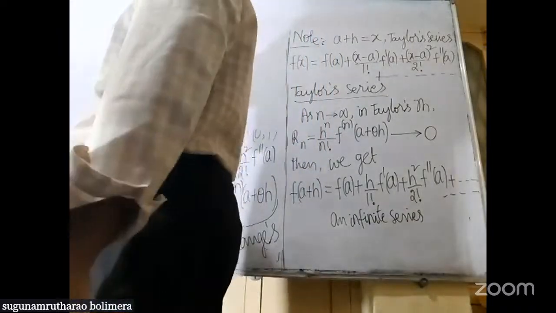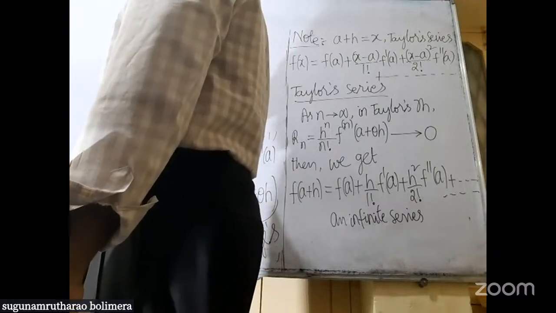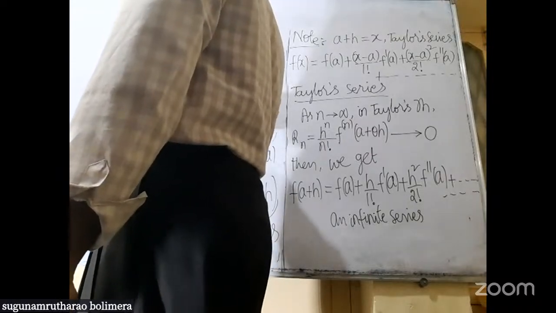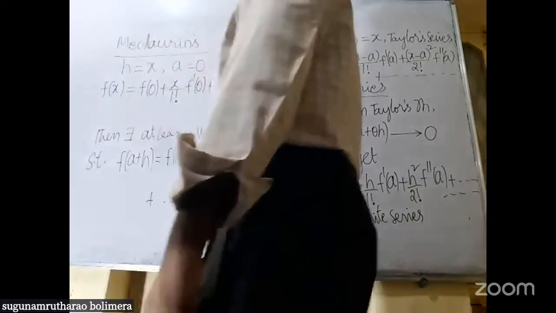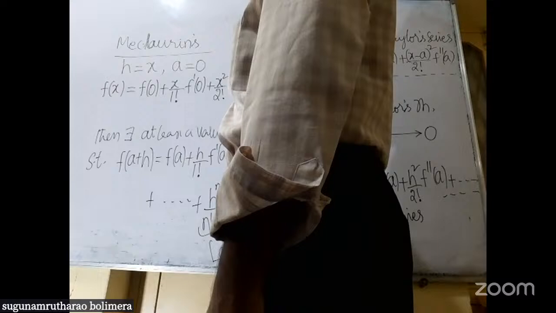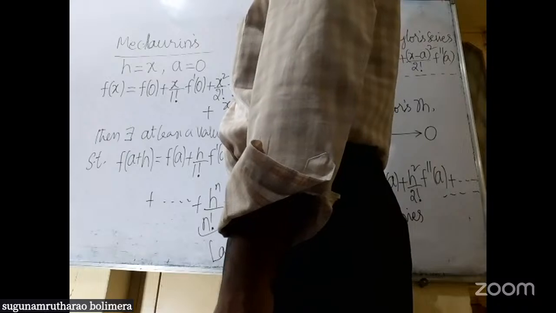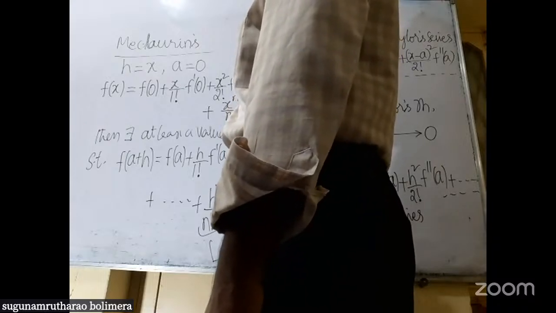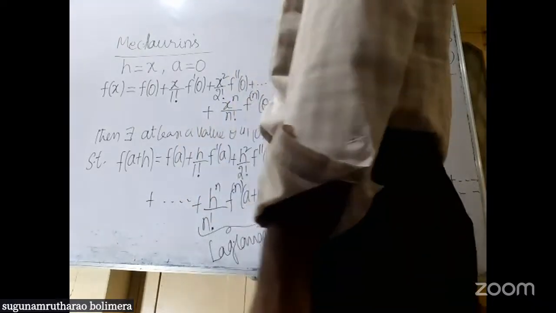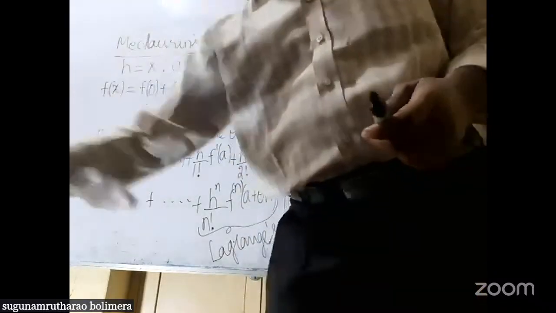f of x equals f of 0 plus x by 1 factorial f dash of 0 plus x squared by 2 factorial f double dash of 0 plus so on, plus x power n by n factorial, nth derivative of f of theta x.